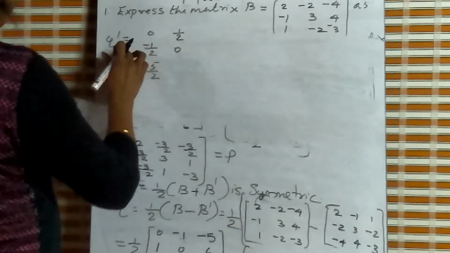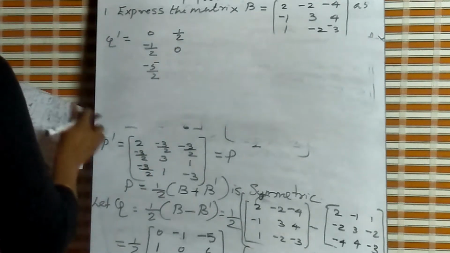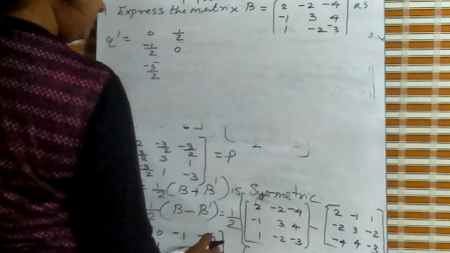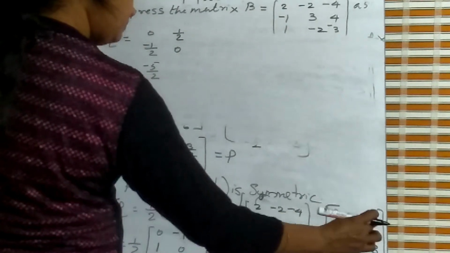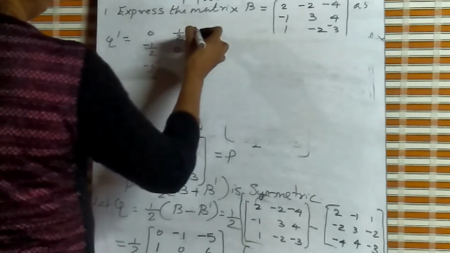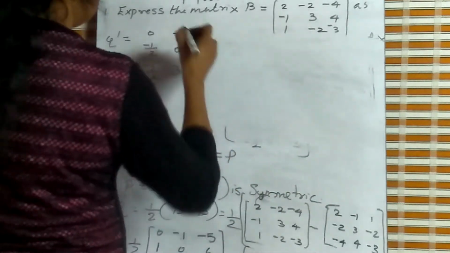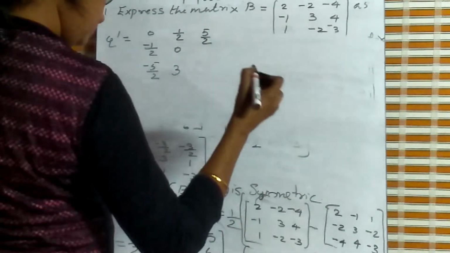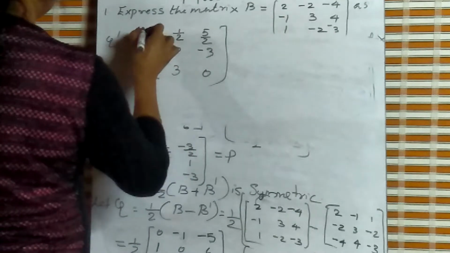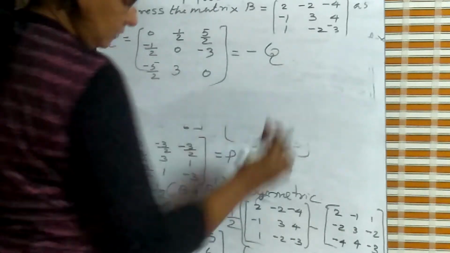Then Q transpose is [0 1/2 5/2; -1/2 0 -3; -5/2 3 0], which is equal to minus of Q. So Q transpose equals minus Q, and Q is skew symmetric.